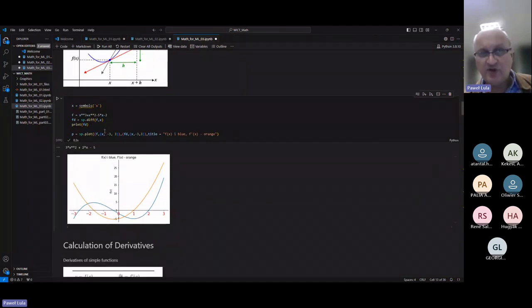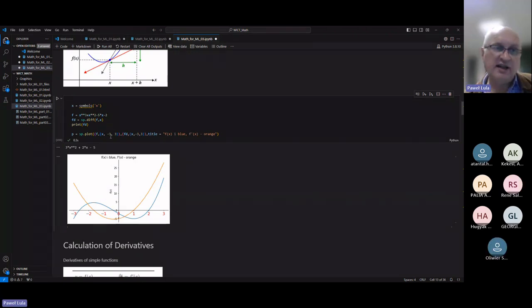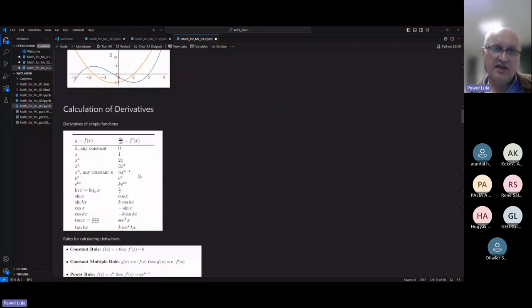Here I use the Python language and the SymPy package for calculations which define the derivatives. But of course, I can do it manually using formulas.